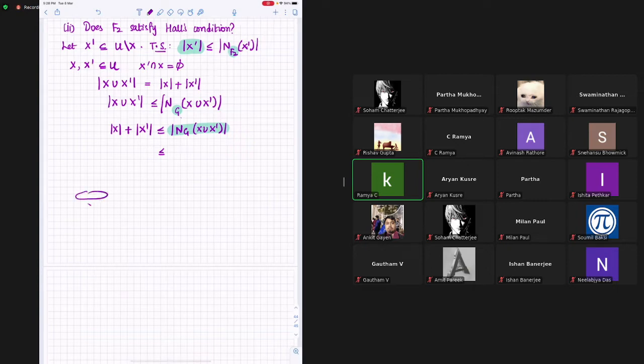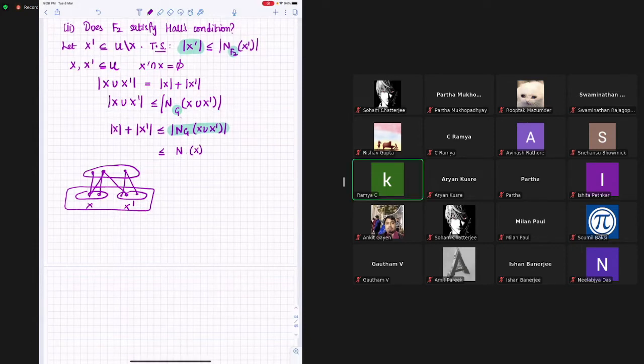Like for example, this is X, this is X prime. They could have things like this, right? That is possible. You just know that these two sets are disjoint. So this is X prime. This is in one partition. So they could have common neighbors. Does someone have a question?